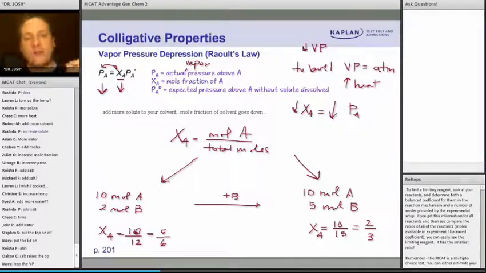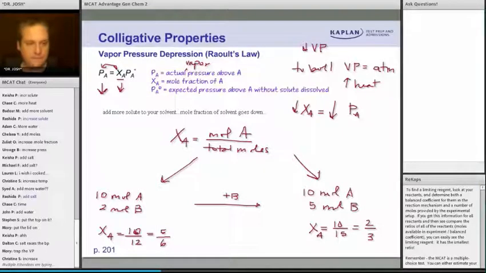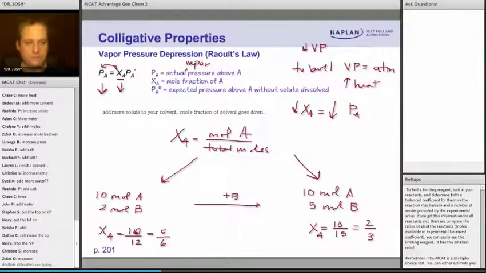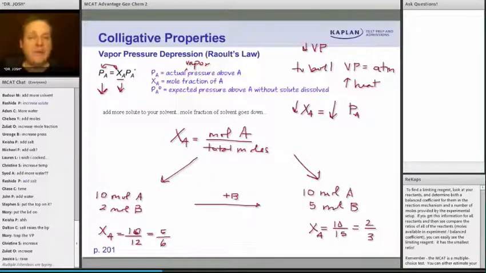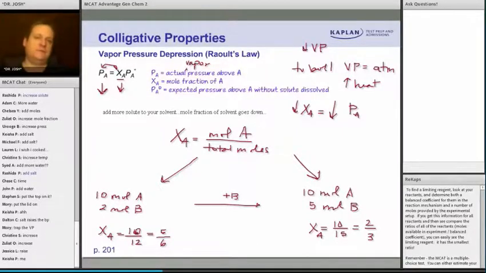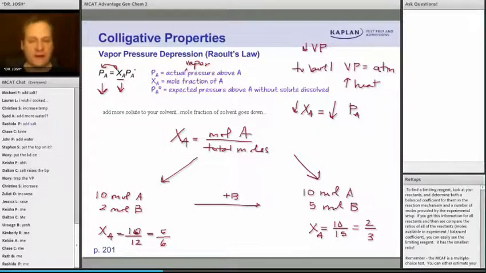So if you lower the vapor pressure by adding solute, what is that going to do to boiling point? Yeah, you increase it. How many of you have ever heard that if you put salt in your water, your food will cook faster? Why?